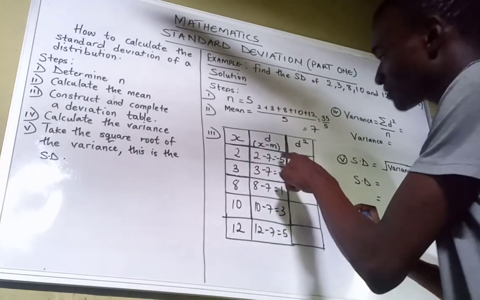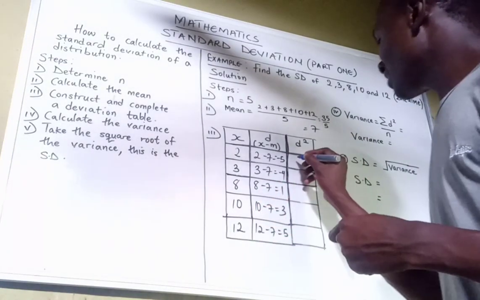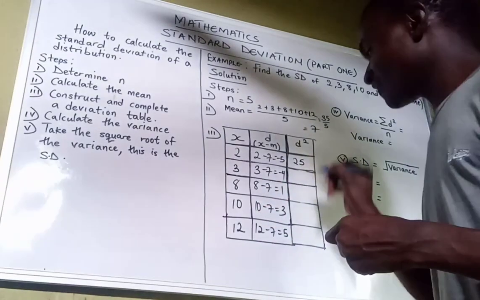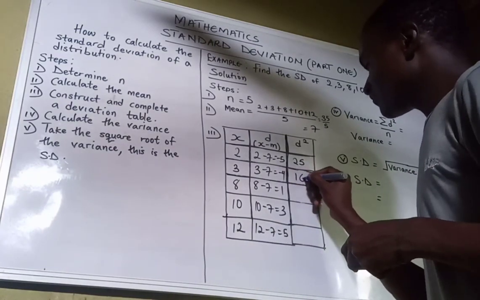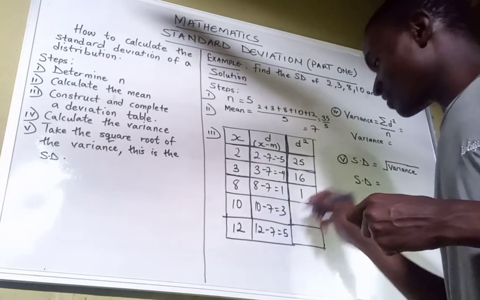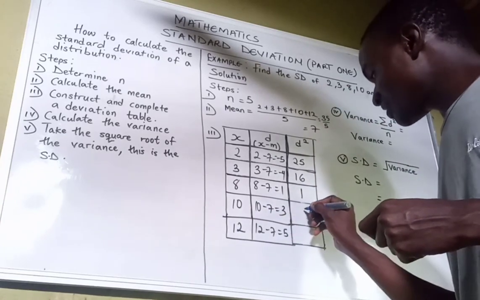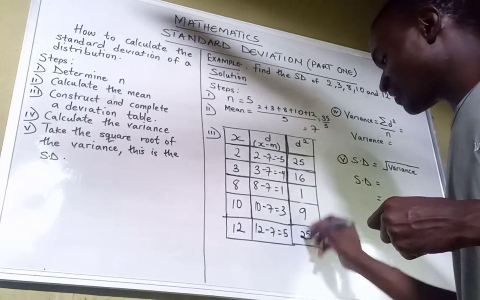Minus 5 squared is minus 5 times minus 5, and you get a positive 25. Minus 4 times minus 4, you get a positive 16. 1 times 1, you get 1. 3 times 3, you get 9. And 5 times 5, you get 25.